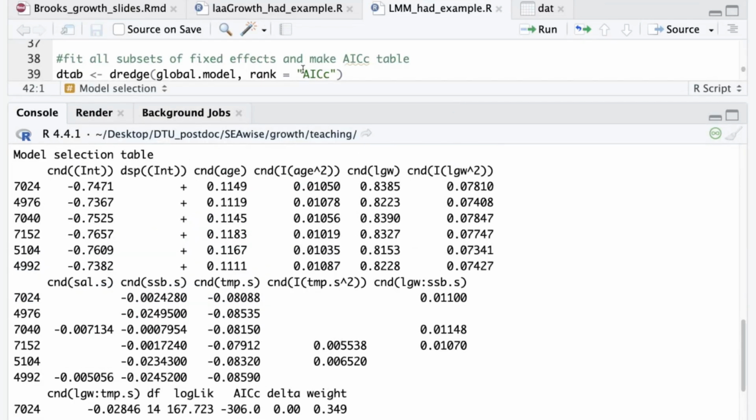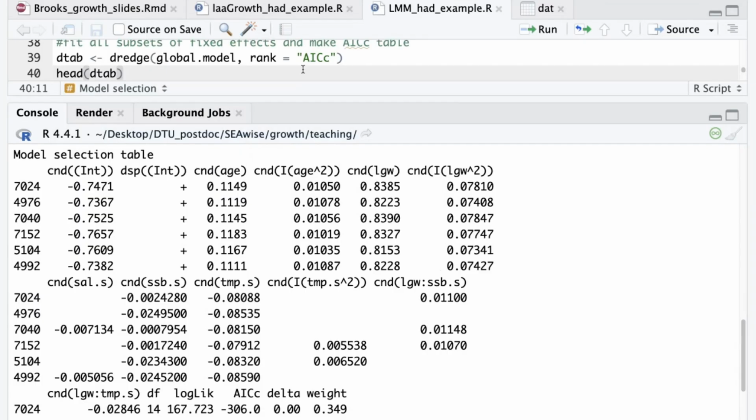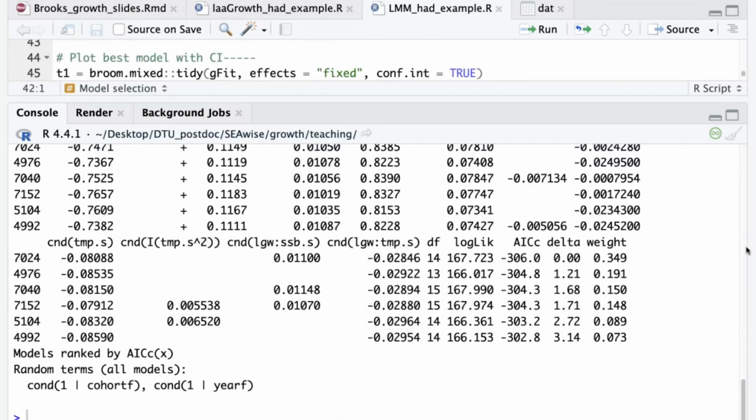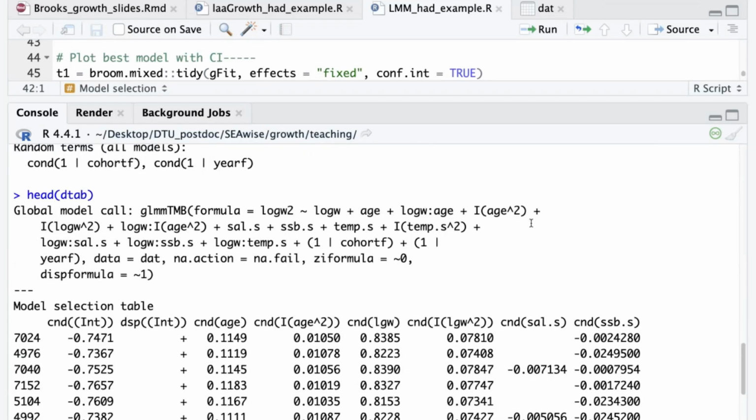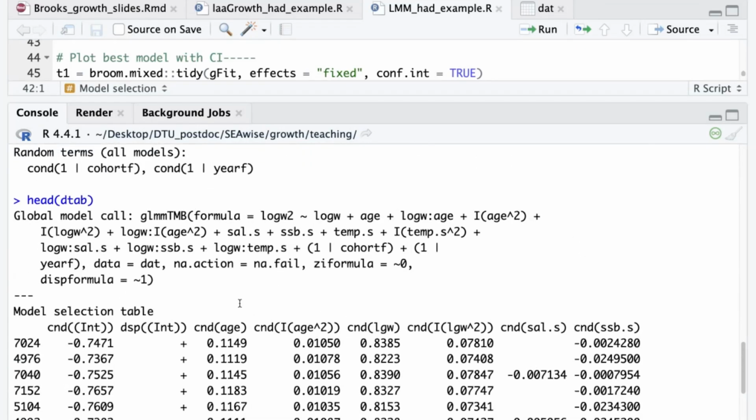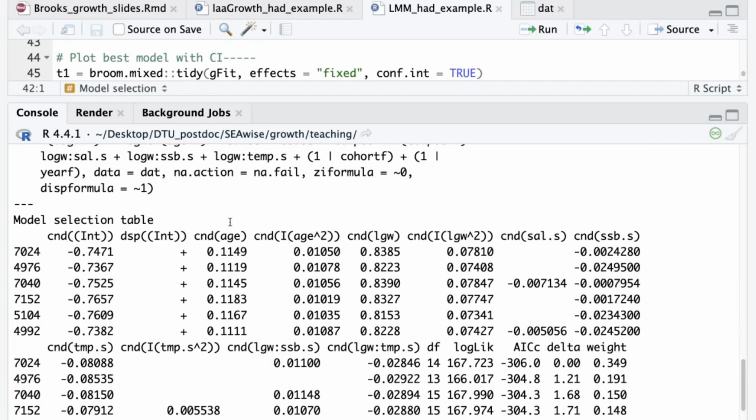If I was doing this for a report, I would put this in a better format, but I hope this isn't too terrible. So what we're looking at is the top of the AIC table. We'll ignore the intercepts. Of course, every model has an intercept.